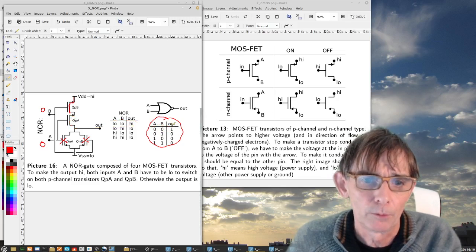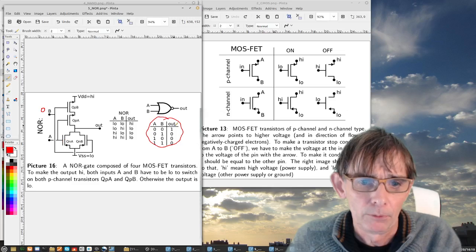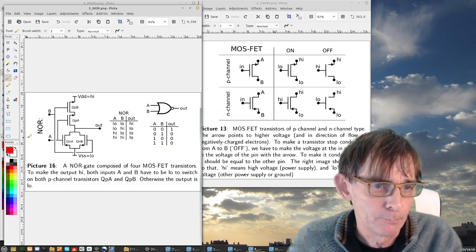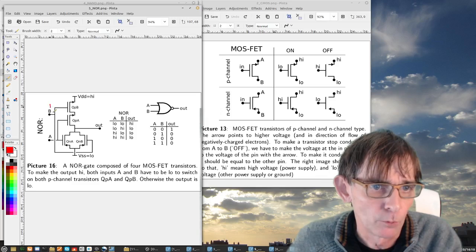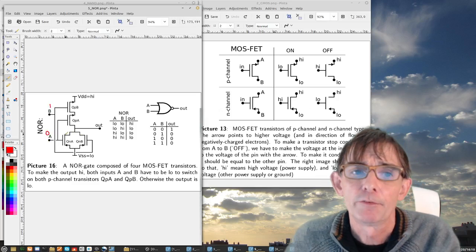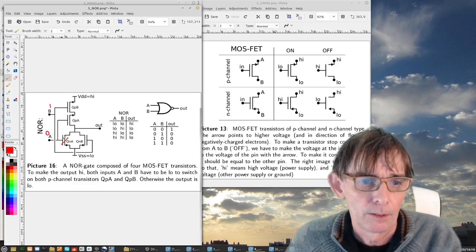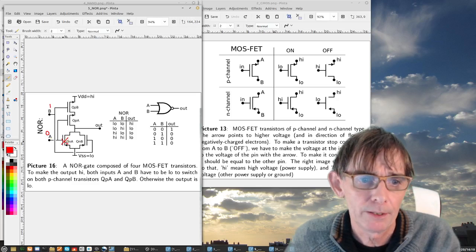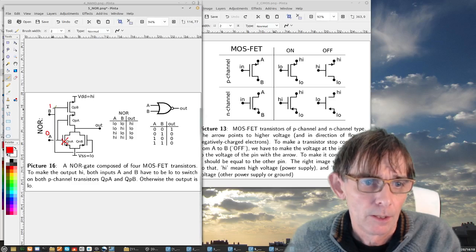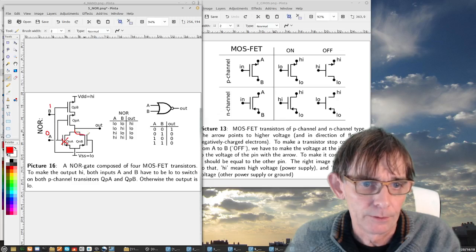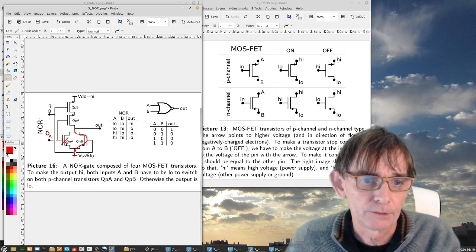And just to give you one more example, let's put here 1 and let's put here 0. If I put 0 here, this one receives the input voltage from A, it's not conducting, but B, now actually this one is conducting here because B is high voltage, and that opens the N-channel transistor.